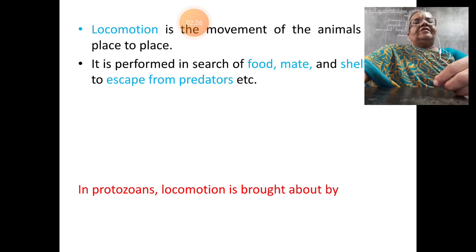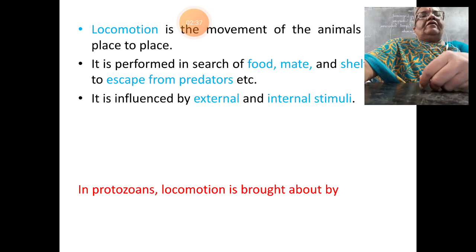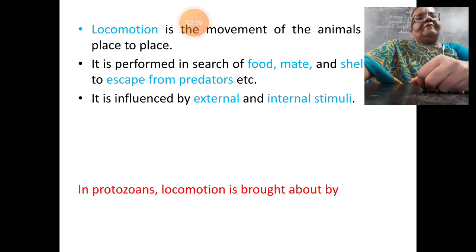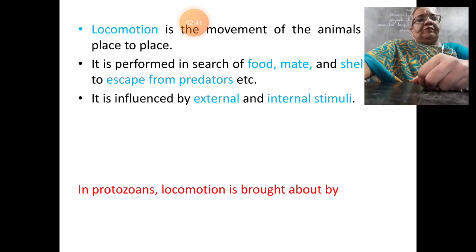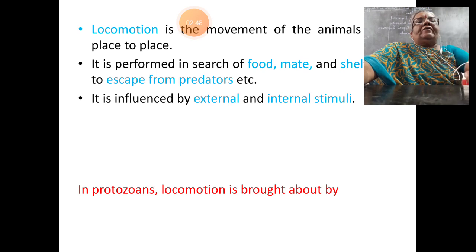So, there are various reasons for animals to perform this act of locomotion, which is basically movement from place to place. This is influenced by various stimuli, both external stimuli as well as internal stimuli. Okay?